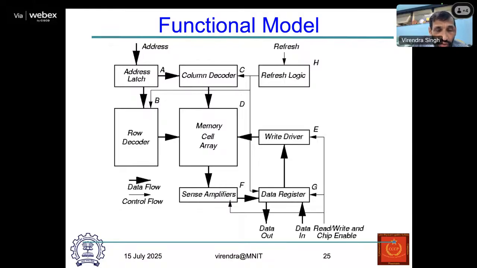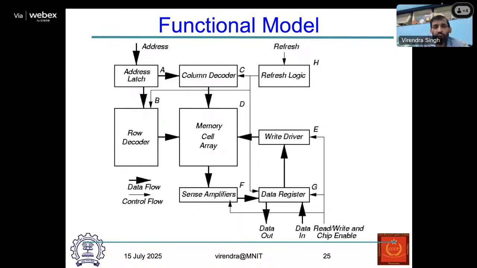You pre-charge those bit and bit bar lines, and after that, if you want to read, you let them discharge. One of the lines would be discharged, and then you sense the difference between the bit and bit bar lines using a sense amplifier, and make a decision whether it is storing value 0 or value 1.